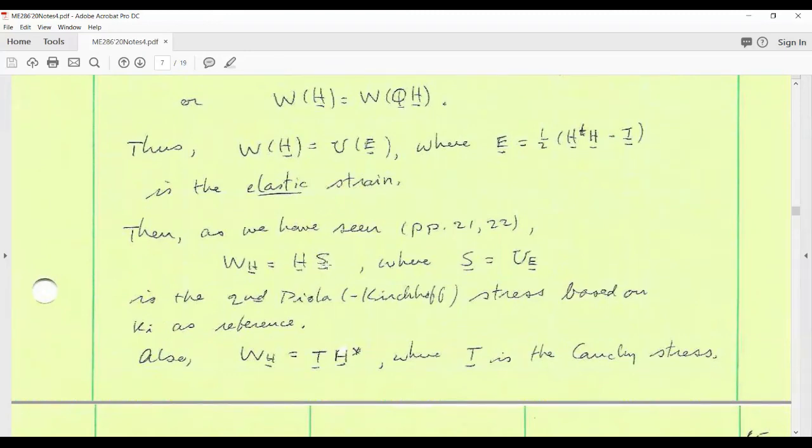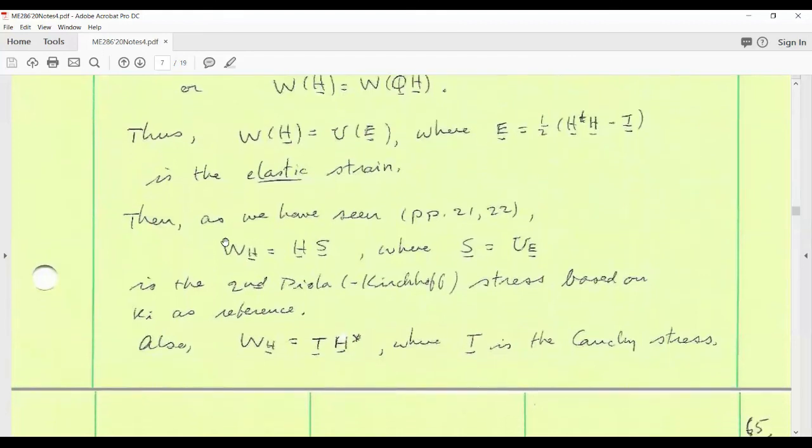This is not the second Piola-Kirchhoff stress based on the reference configuration. It's based on this kappa I, not on kappa R. And we know from going back in our notes here to these pages 21, 22, that S is just the derivative of this strain energy with respect to the strain, symmetric, okay? Okay, we also know, so this would be like a Piola stress relative to the kappa I instead of kappa reference.